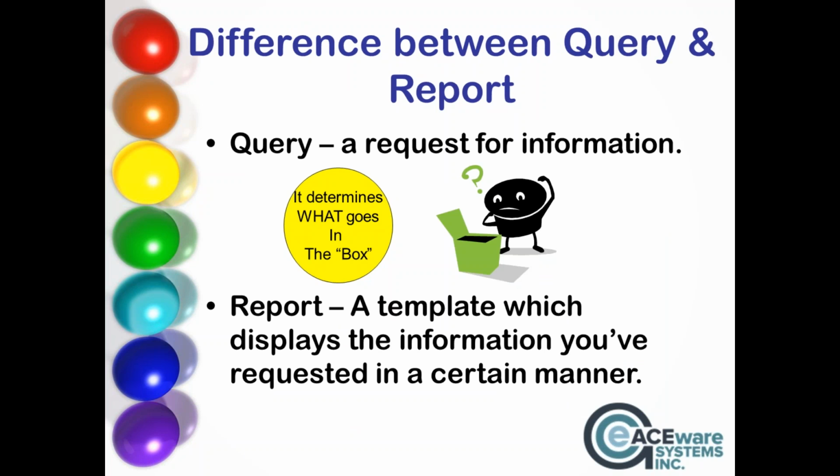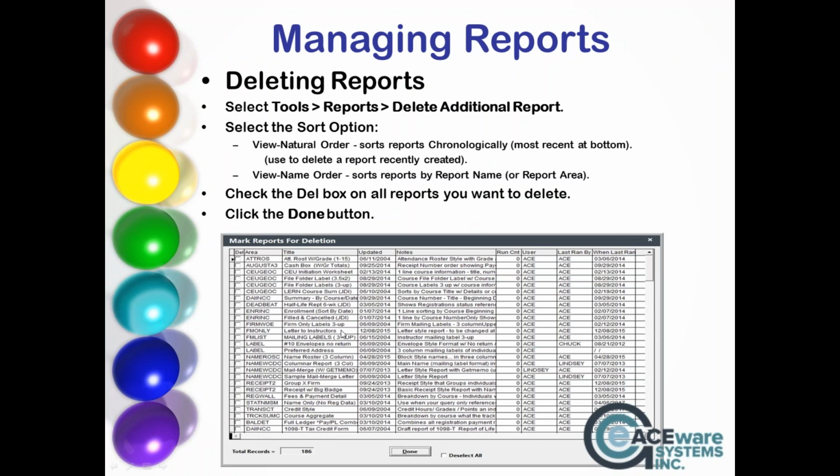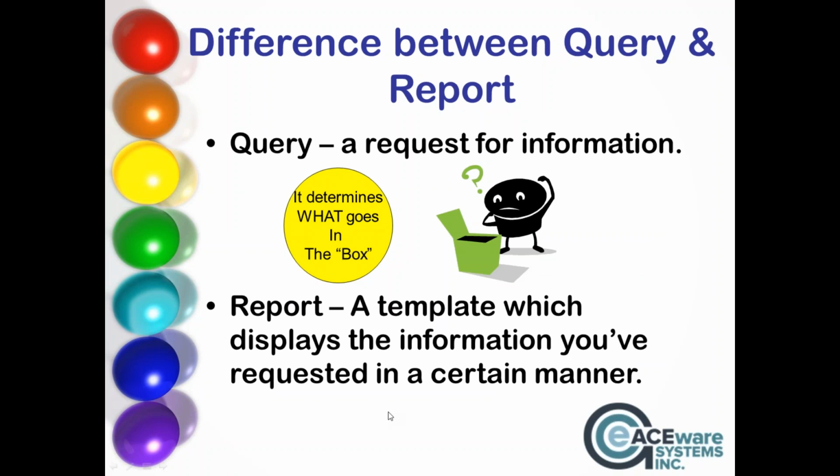A general question, and most of you presumably have covered this, but the idea of queries and reports. Other than quick reports, which really don't have queries, most every other report area, including your function key reports, you've got to give it some kind of data for Student Manager to know what goes into the box.